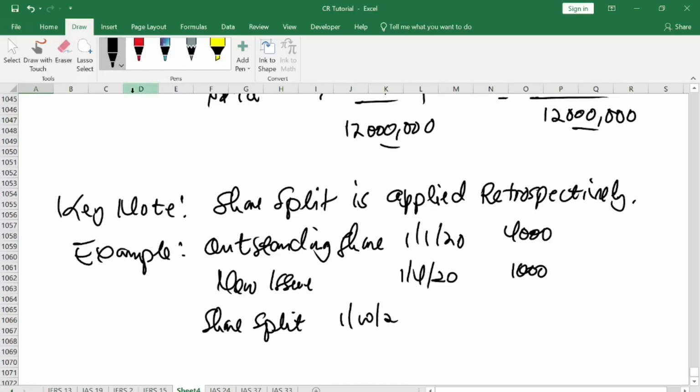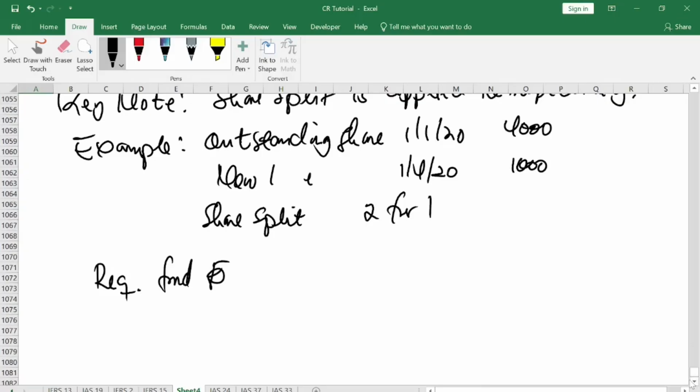Required: find the earnings per share as at year ended 2020.